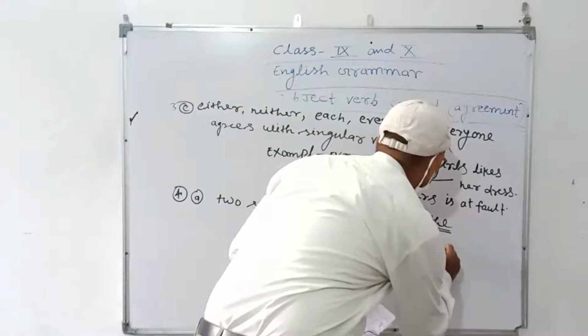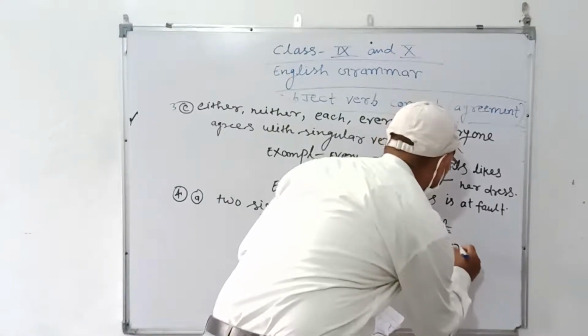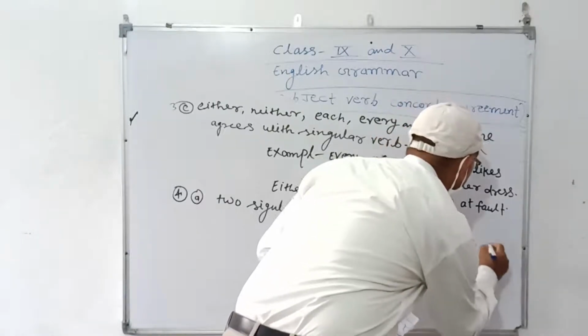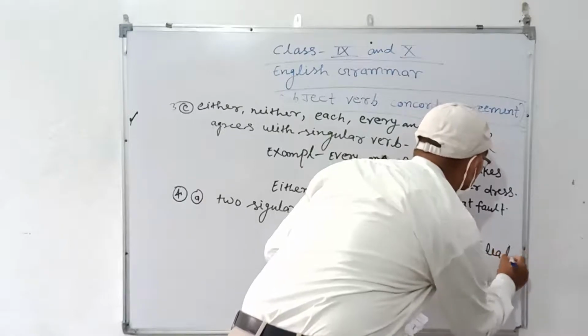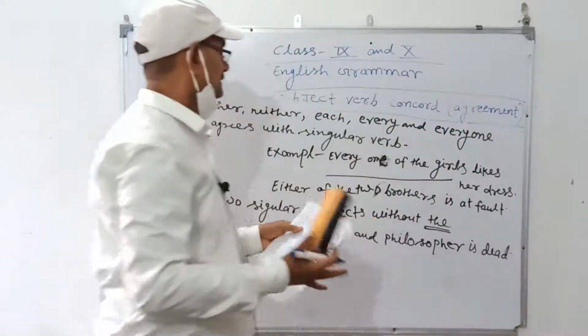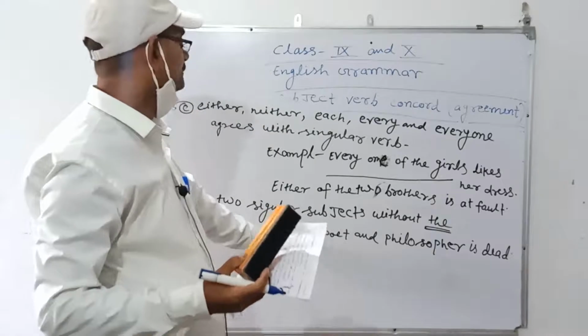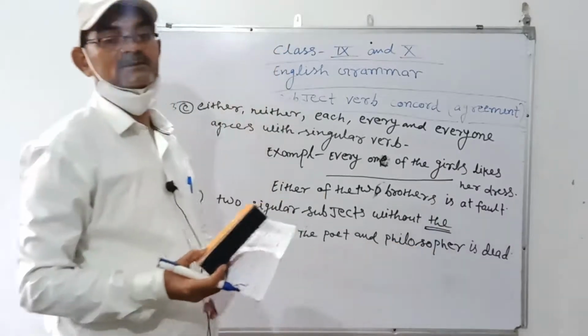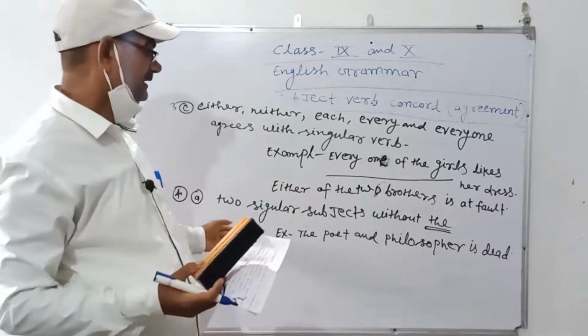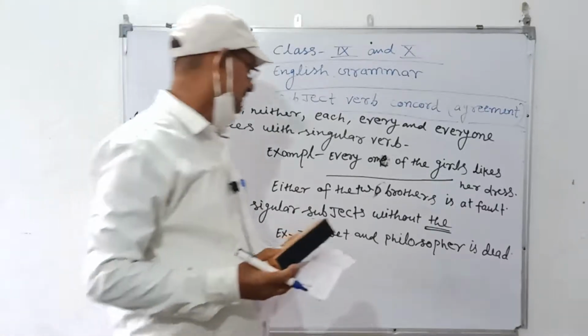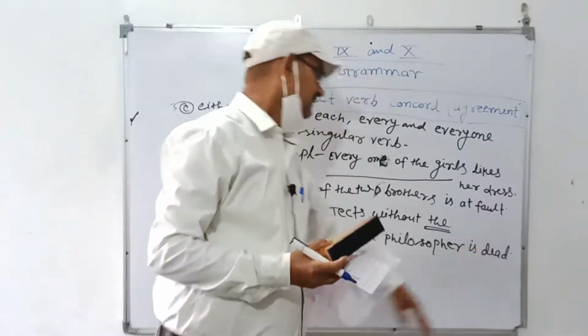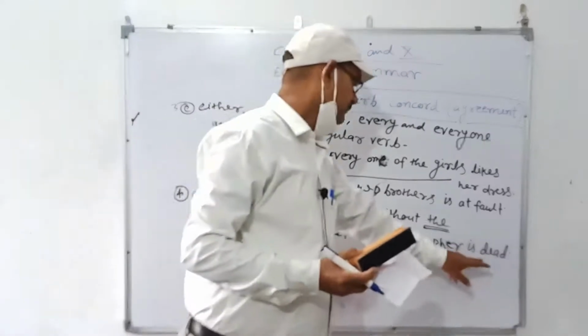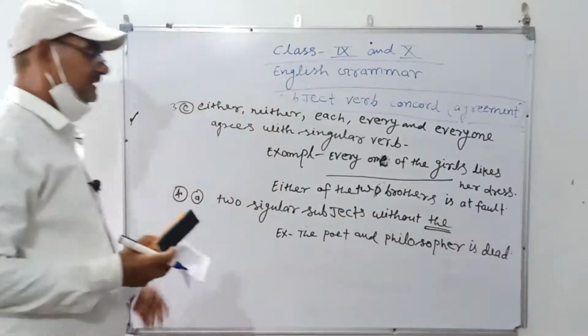The poet and the philosopher is they. In this sentence, the poet and the philosopher refer to only one person, and so is is used to make the subject agree with the verb.